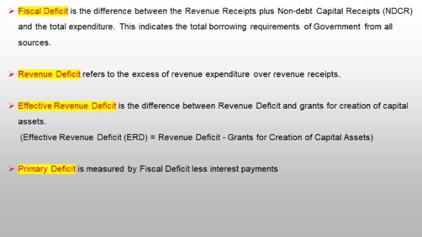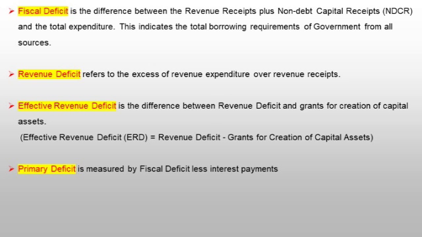Friends, there are a total of 4 types of deficits in India. You can see them in the slide. The first is fiscal deficit, the second is revenue deficit, the third is effective revenue deficit, and the fourth is primary deficit. Previously we used to have a concept called budget deficit, but that is not there now.